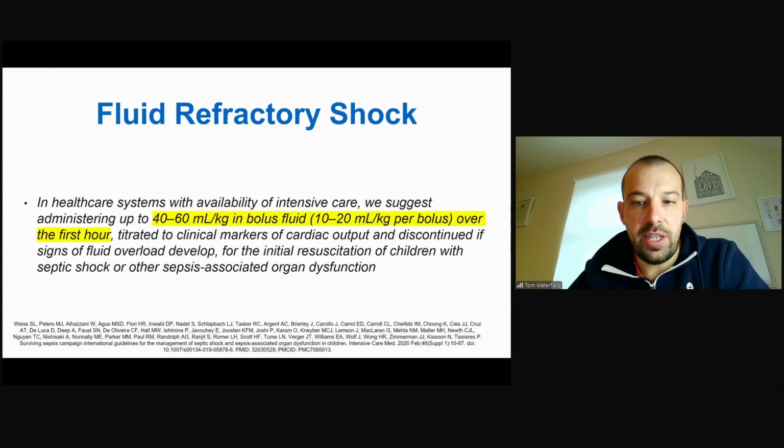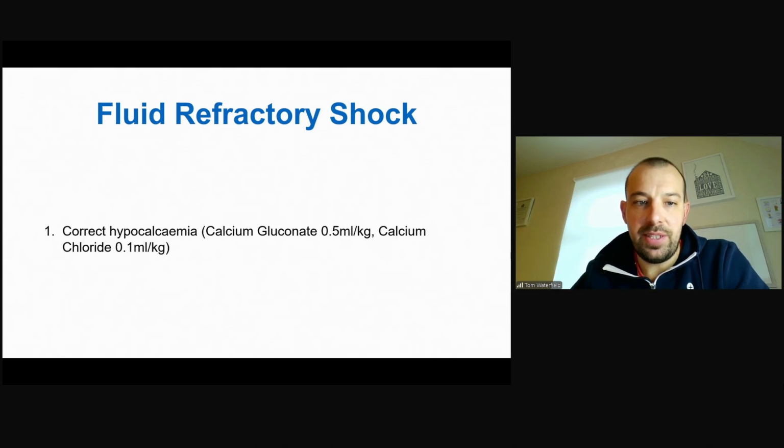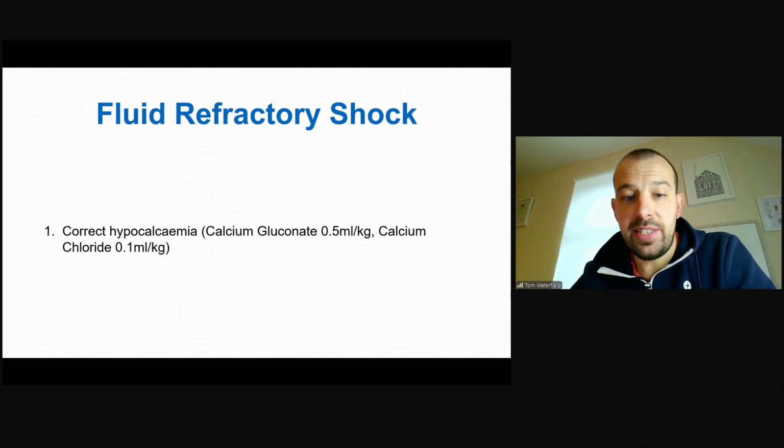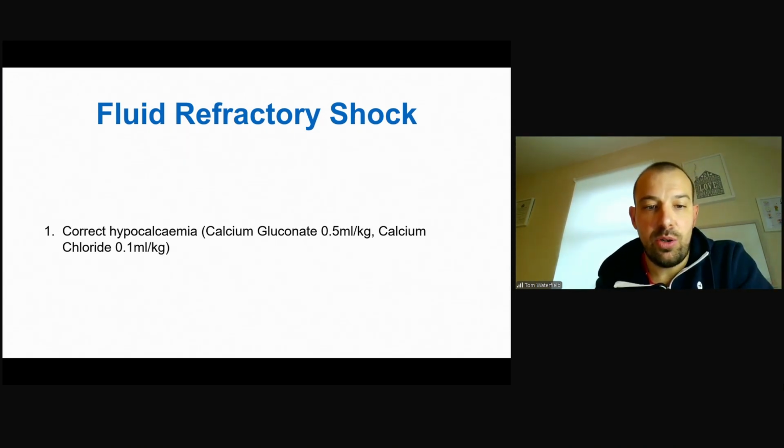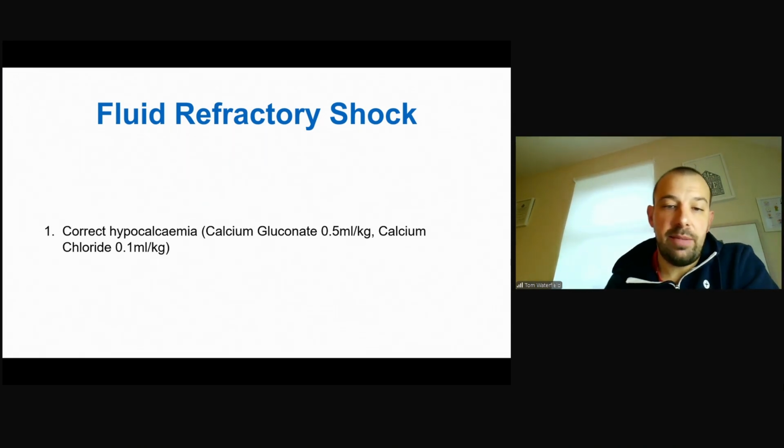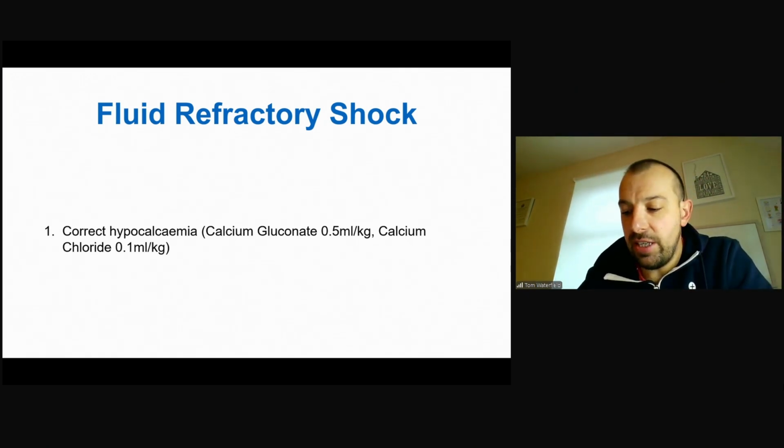And this comes from the International Sepsis Consensus Guidelines, 10 to 20 mil per kilos, 40 to 60 mils in that first hour. And the paper's there. So correct the hypocalcemia, so you can give calcium gluconate or calcium chloride. The doses are in the Paediatric Emergencies app, which is incredibly useful.